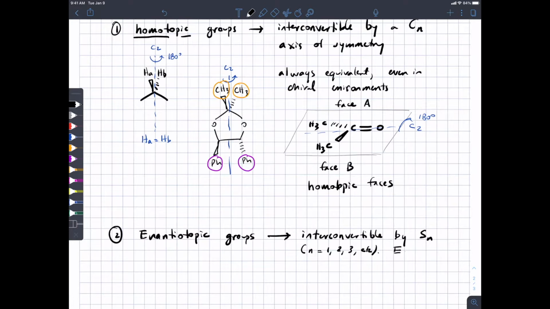They are equivalent mostly unless you're in a chiral environment. I guess I should, instead of unless, the right word is except in a chiral environment.